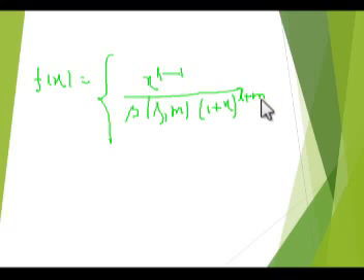So this is the probability density function of the second kind of beta distribution. Here x can vary not from 0 to 1 but from 0 to infinity, and for negative values of x it is 0.